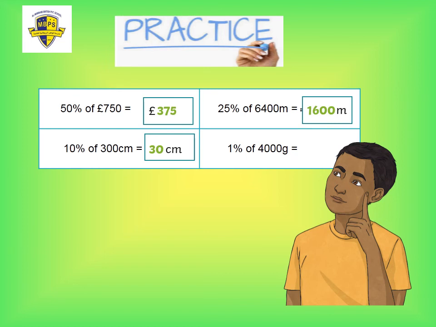The last one, 4,000. We want to find 1% of 4,000. And when we want to find 1% of any number, we divide this number by 100. Good. So the answer will be 40.